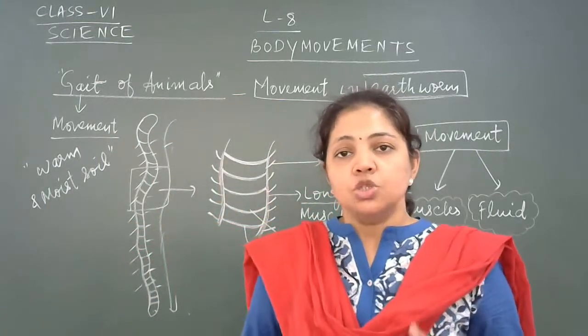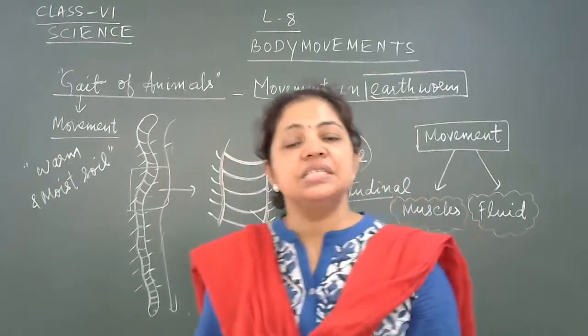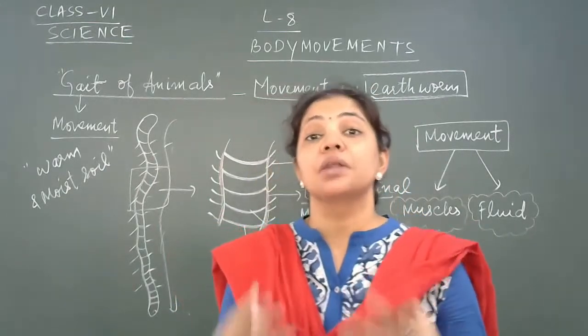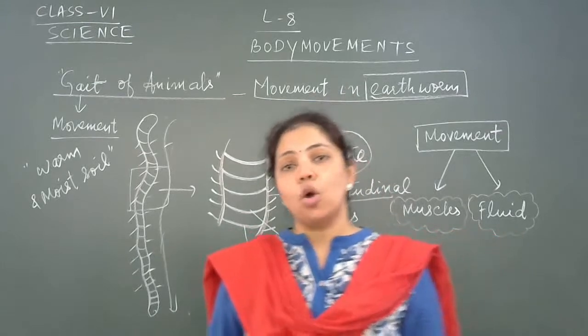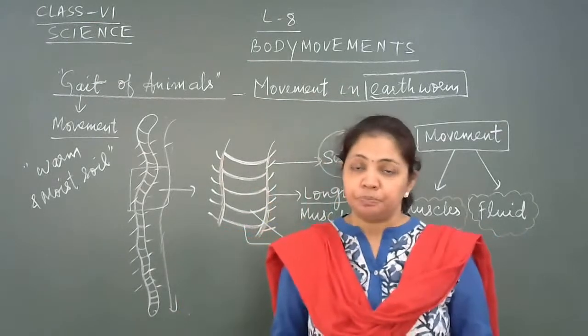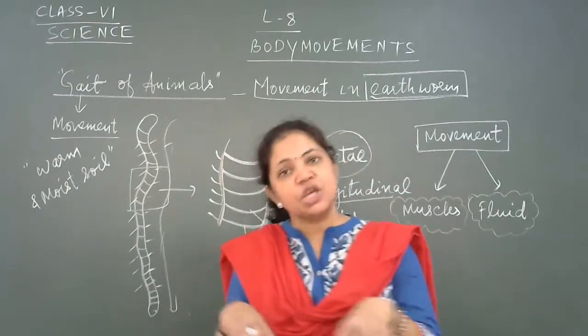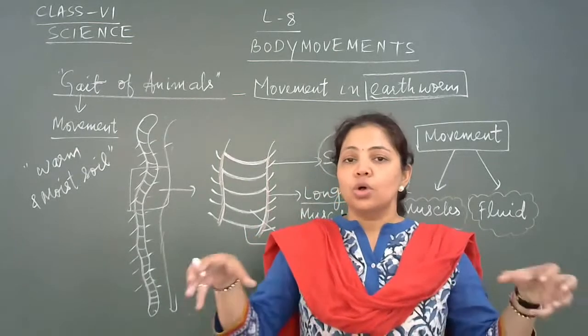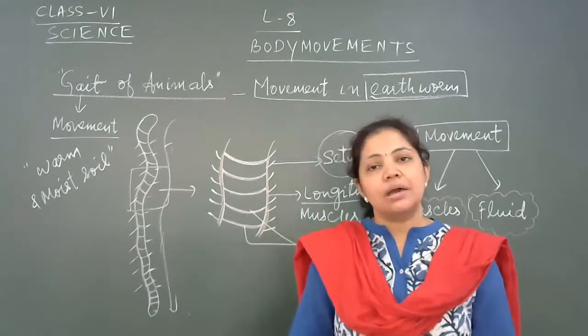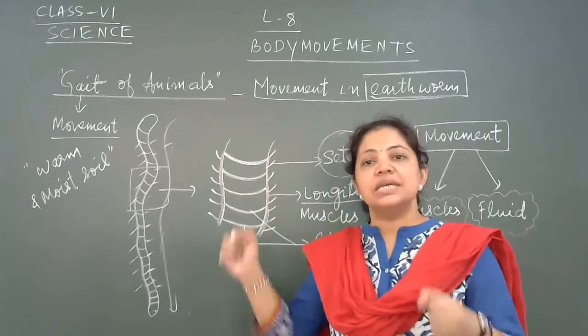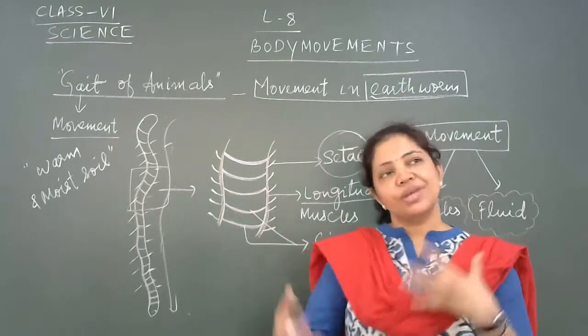Right. So what they do, these setae provide a grip to the earthworm while movement. जब अर्थवॉर्म किसी सरफेस के ऊपर चलता है तो उसको ग्राउंड के साथ होल्ड करने के लिए ये सीटे हेल्प करते हैं.